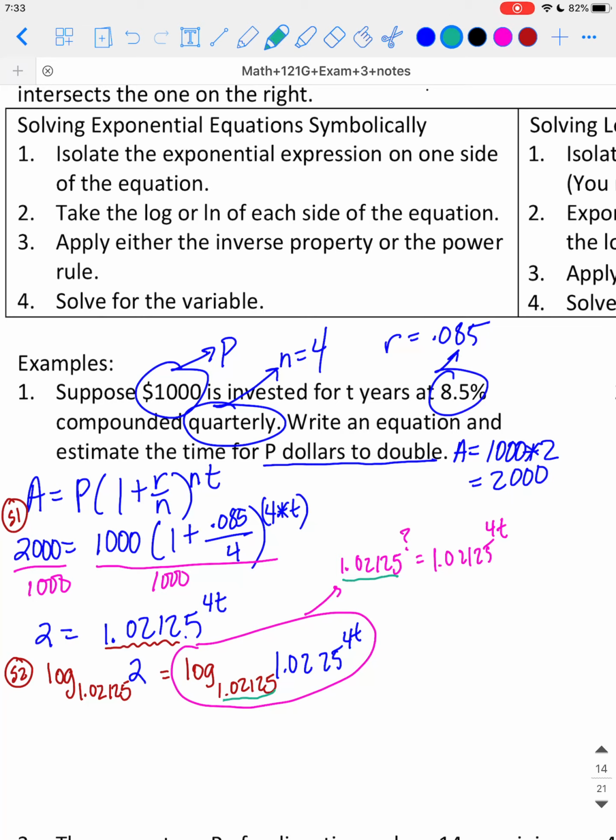And again, this number right here is that number right there, and everything here that's in blue is all of this in blue. So 1.02125 to what power gives me 1.02125 to the power of 4t? Well, my question mark is 4t. That's why right here on my next equal sign, I can put 4t here.